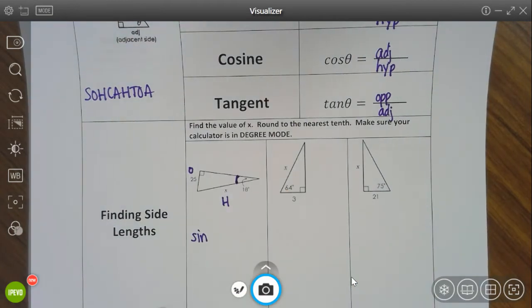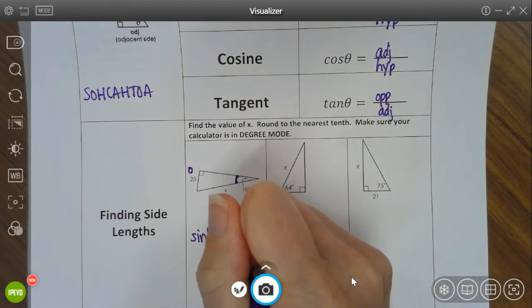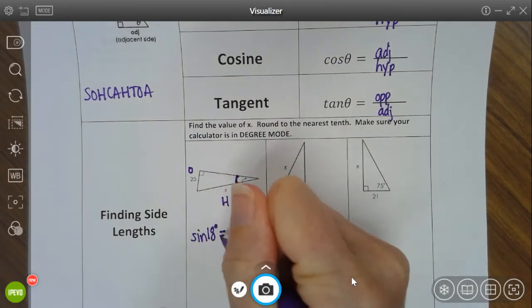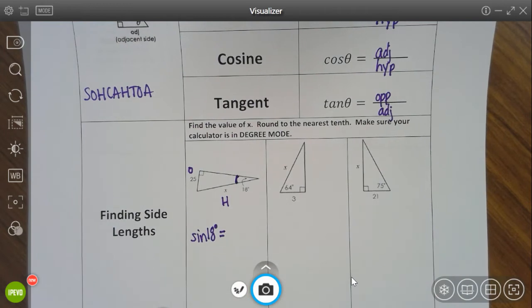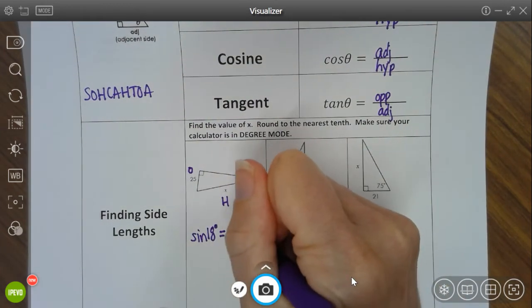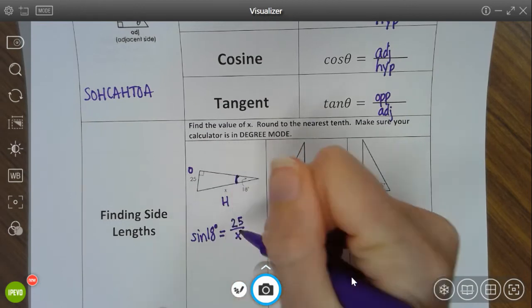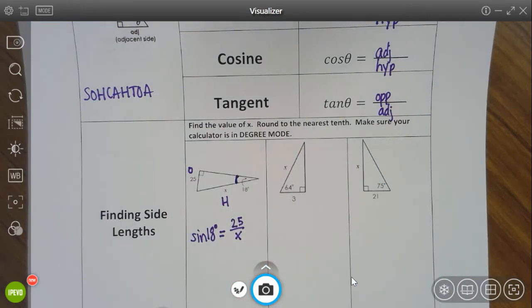So we're going to say sine, we're going to abbreviate that SIN, of our angle, 18 degrees, is equal to the ratio opposite over hypotenuse. We're going to put that side length of 25 for the opposite over that side length of x for the hypotenuse.